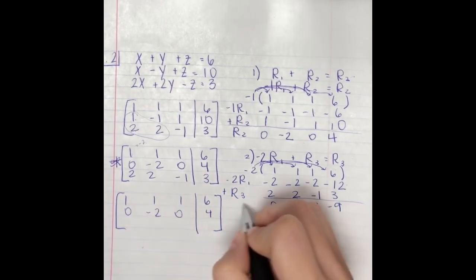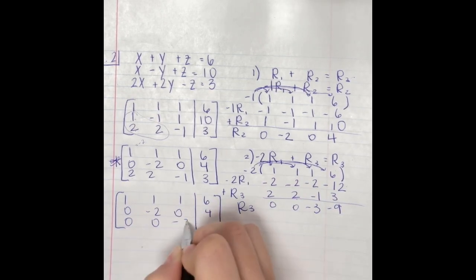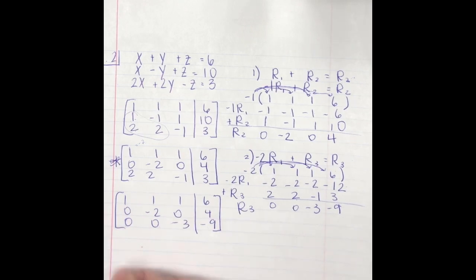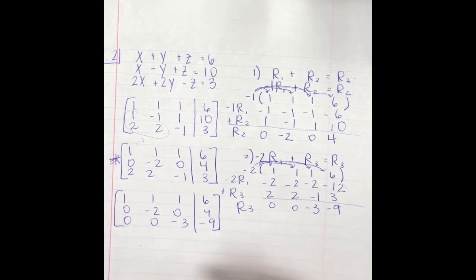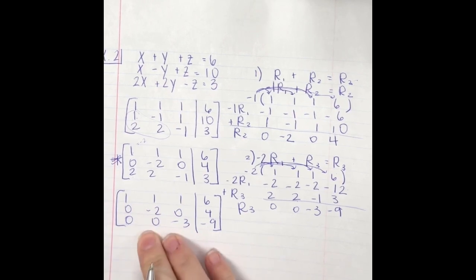And this is my new row 3, right? 0, 0, -3, -9. So notice our bottom 3 in that bottom corner are all zeros now. So step 2 actually took care of step 3 also. Okay, so we're good. From here, now we can go ahead and transform this back into equations, and then we can solve using substitution.